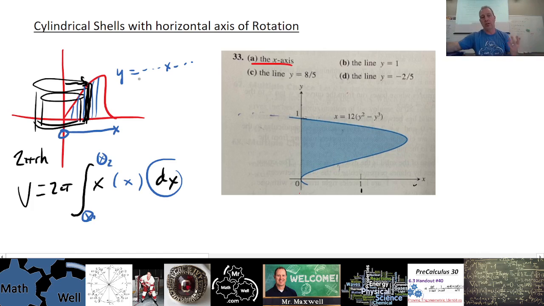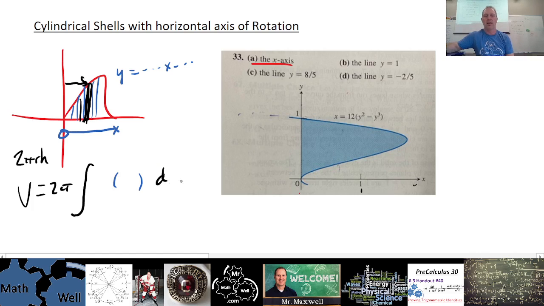Well now, with the cylinders the other way around, it's going to be all y. So we're still going to have 2 pi, because it's 2 pi r h, but instead of dx, it's going to be dy. The radius is not x anymore, but look at this, it's in the y direction, so the radius is y.